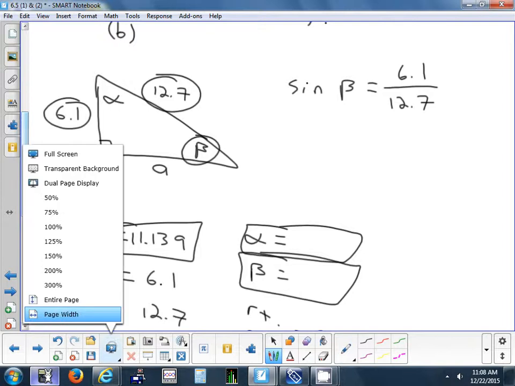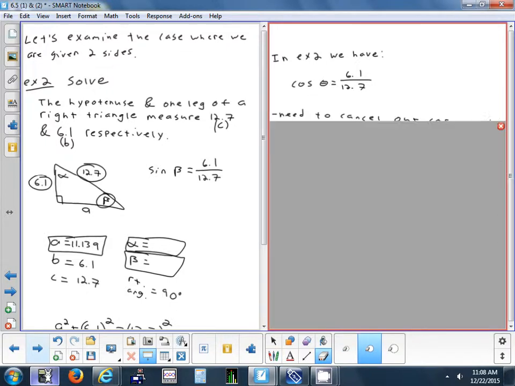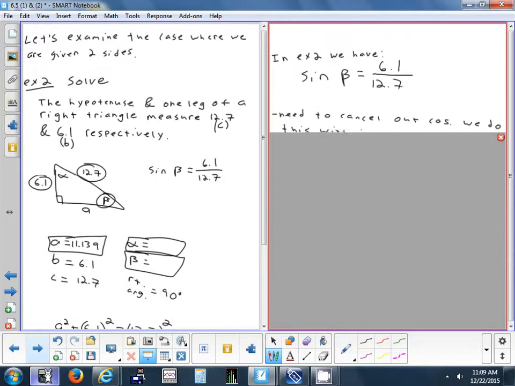Yeah, so now that's something we've got to take a look at. We could have used a different angle, but we did beta. Sine beta equals 6.1 over 12.7. What we're trying to do here is cancel out sine.